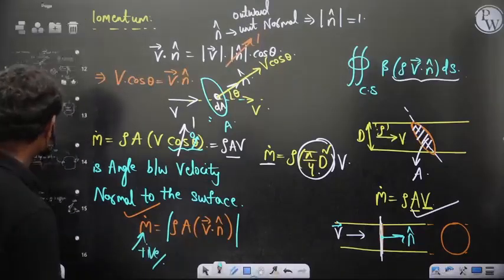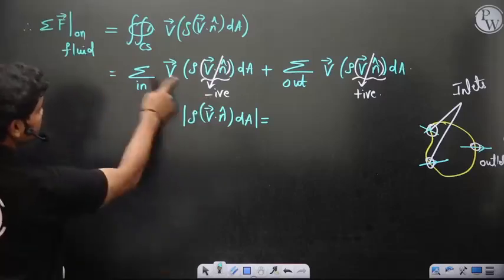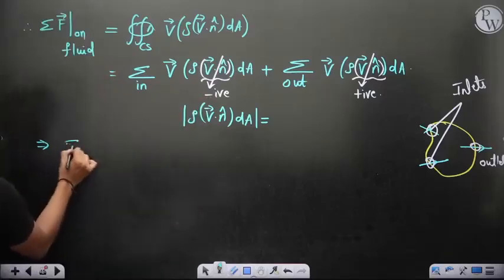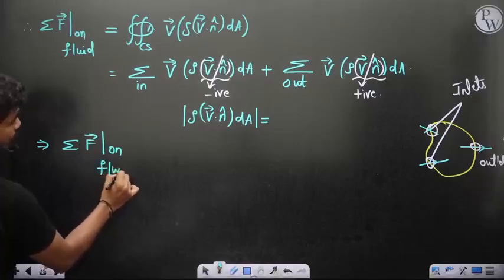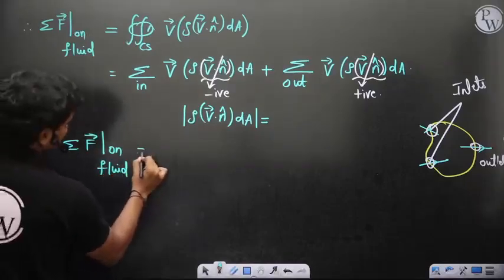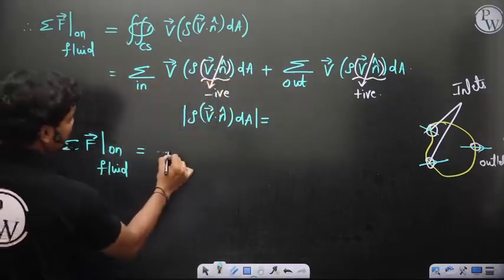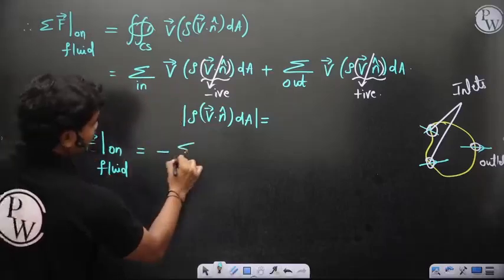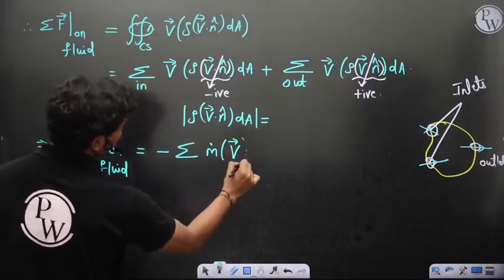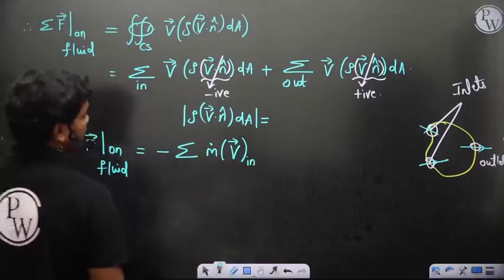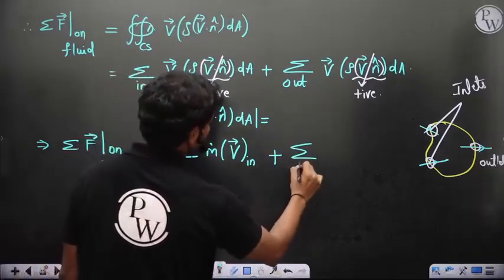So therefore this negative sign we will write outside. Sigma F on fluid, the net force acting on the fluid, is equal to this minus sign, and if you write minus, this can be written as summation m dot times velocity at inlet, plus summation at the outlets.